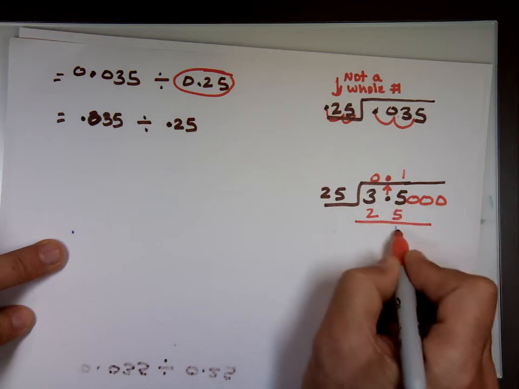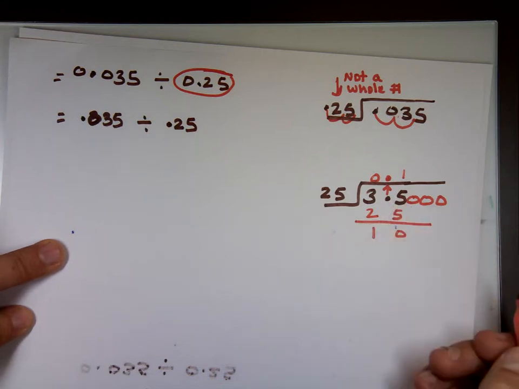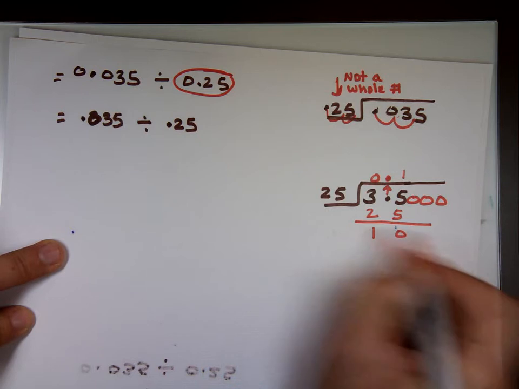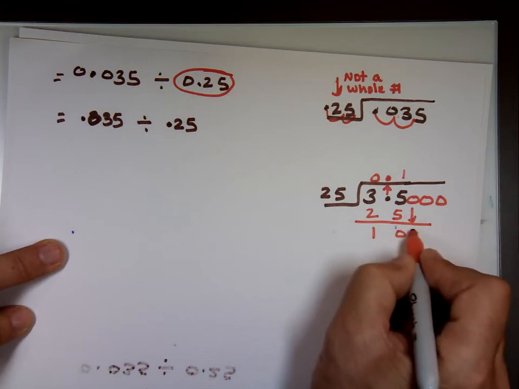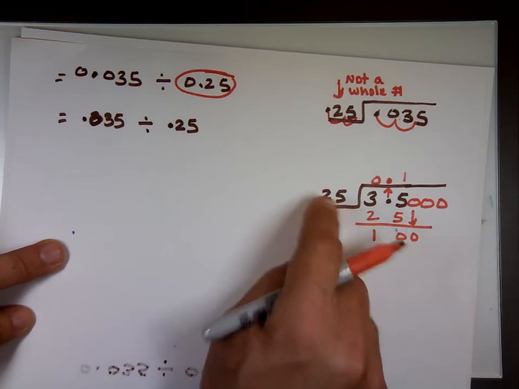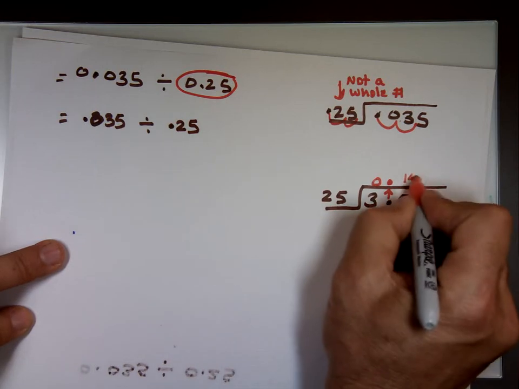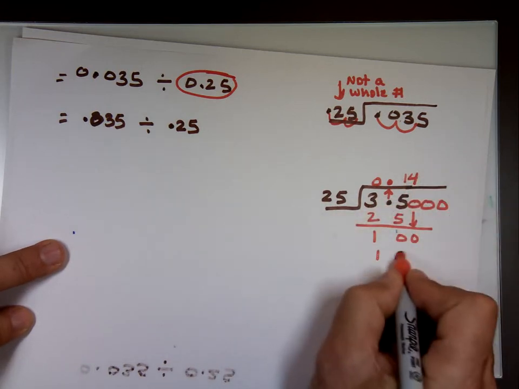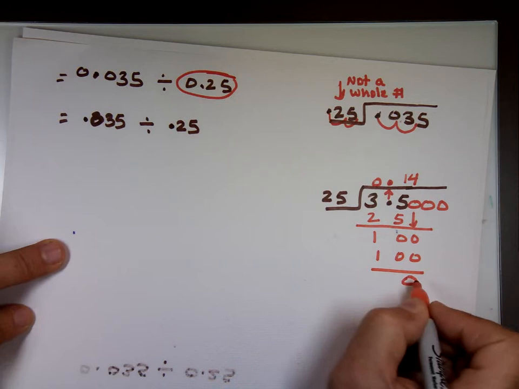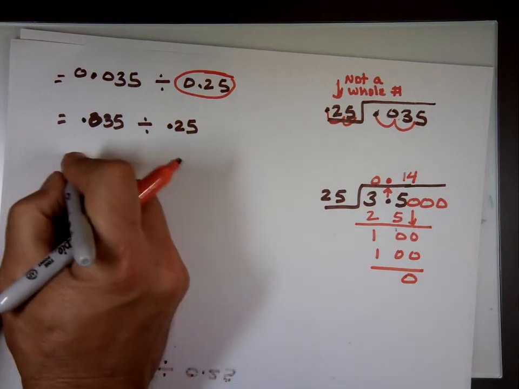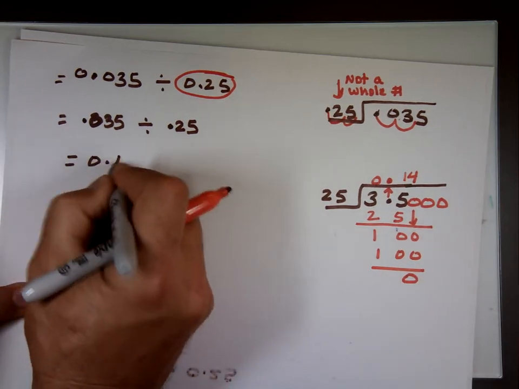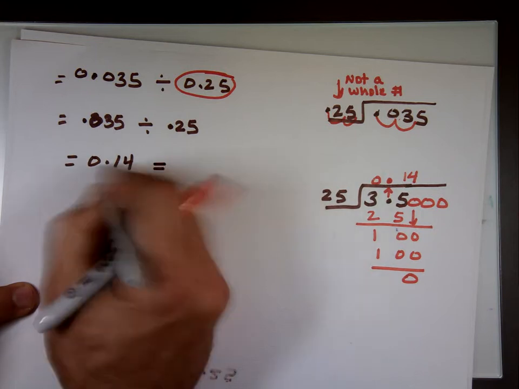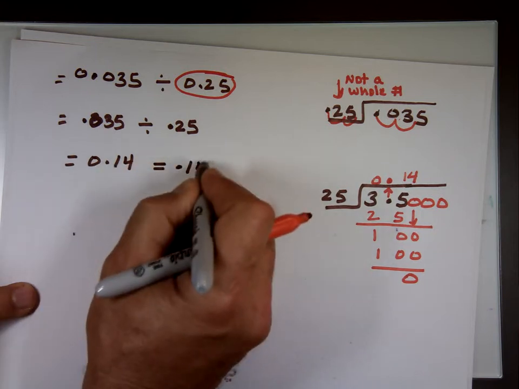What's the remainder? 1, right? Or 10. Now bring that 0 down. What is 100 by 25? 4 times 25? 100. The remainder is 0. So what is my answer? 0.14, or you can write it without the leading 0.